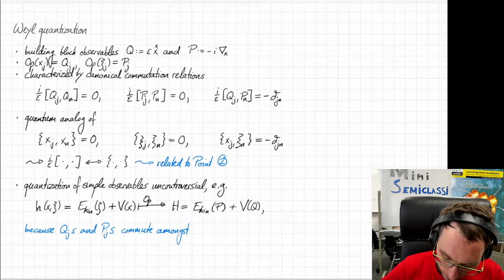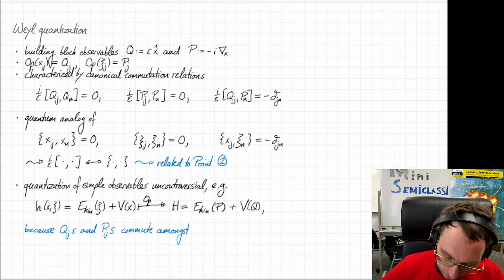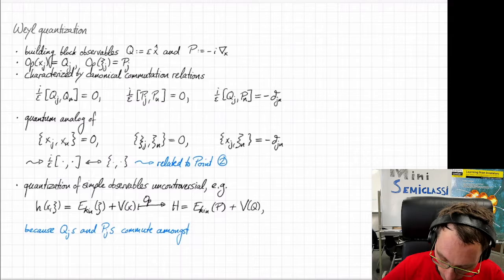So of course I did not mean to imply that Q and P always have to commute. That's of course false.